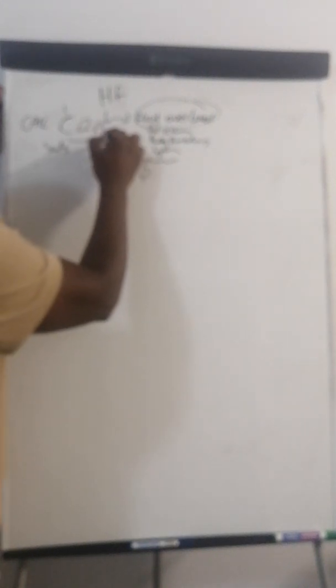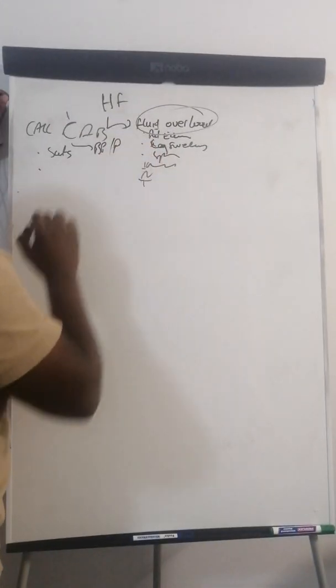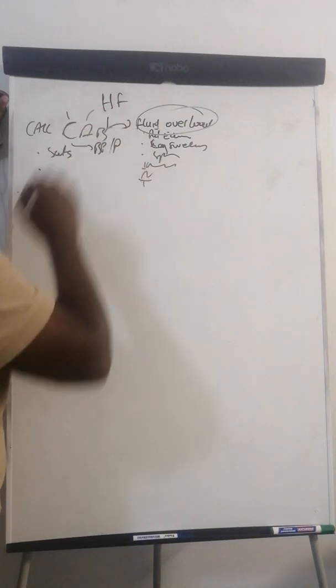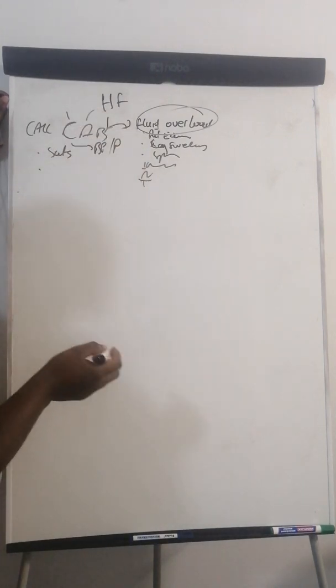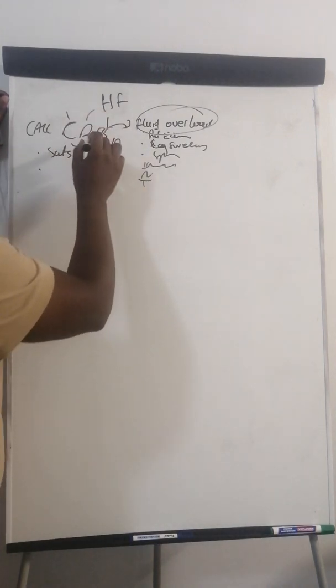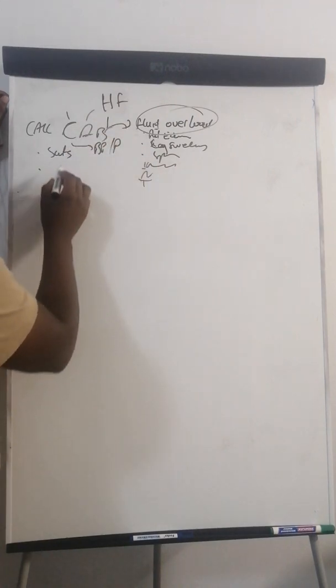As someone is checking sats, the other person will be checking the circulation, meaning the blood pressure and the pulse. How is the circulation? Airway and breathing: if that patient is talking to you, you don't have to worry about airway and breathing. So you want to check their sats.